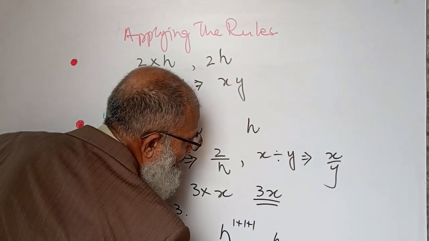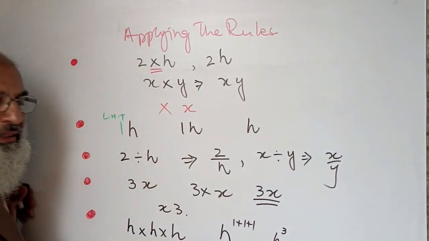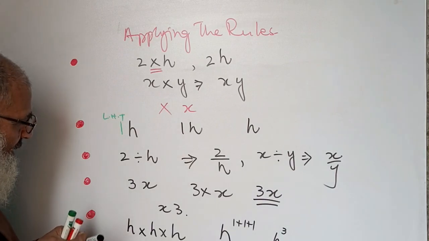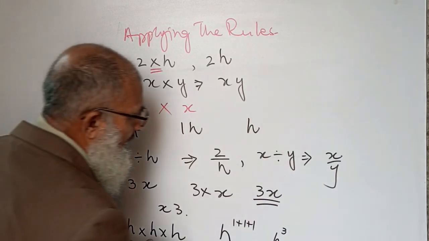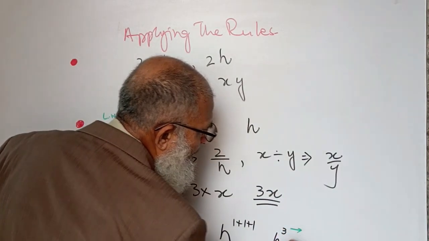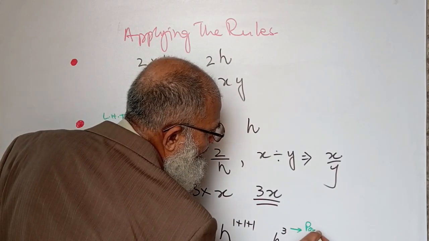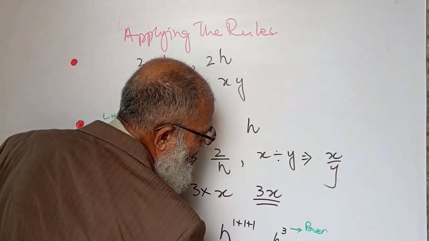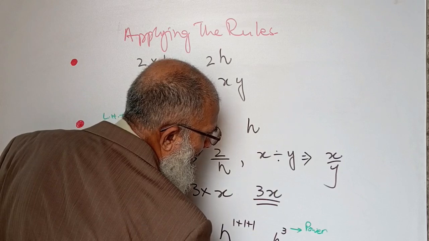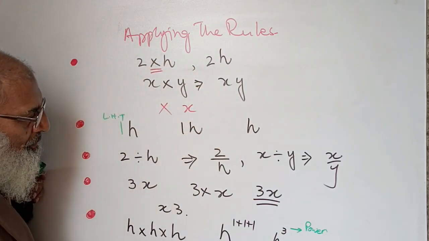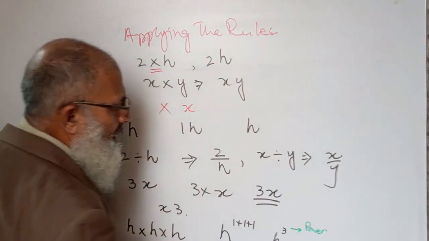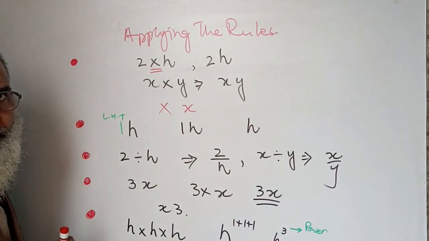So it will become h raised to power 3. What is written here is called the power, and this is called the base. You can also call it the index.